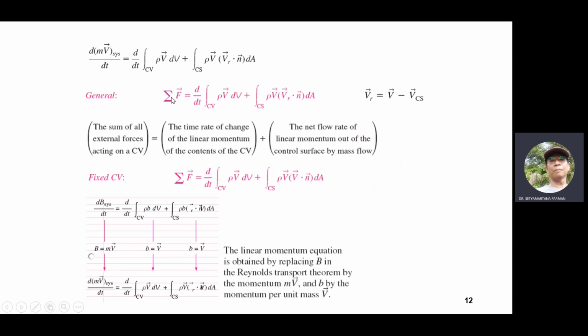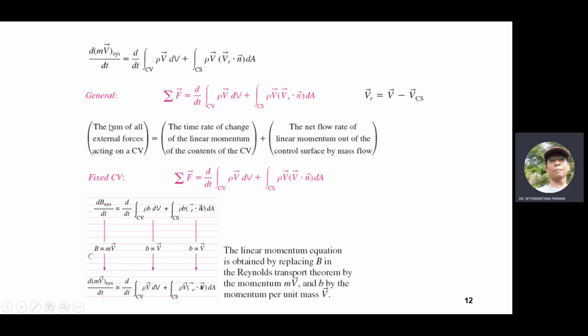So in general, sigma F equal to d over dt of the integration over the control volume of rho V dV plus the integration over the whole control surface of rho V, multiplied with the relative velocity vector Vr dot the normal unit vector n dA.